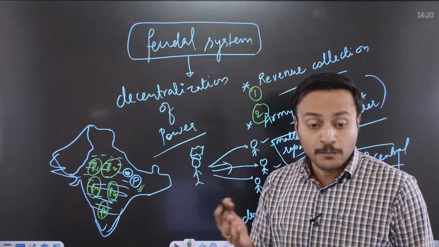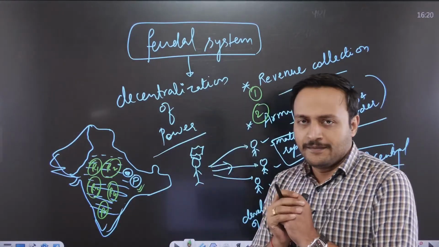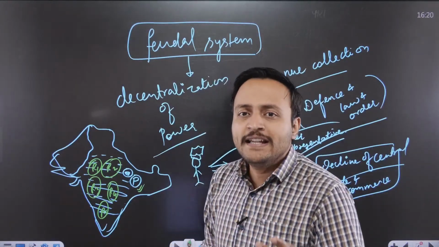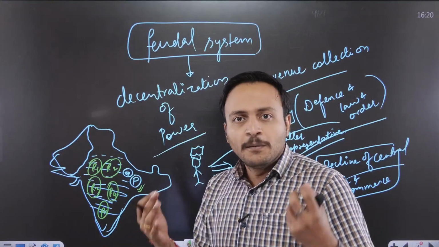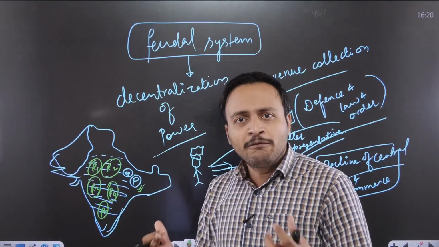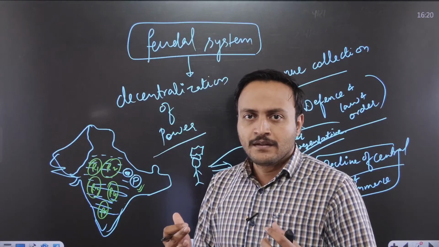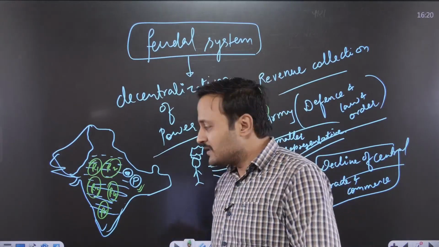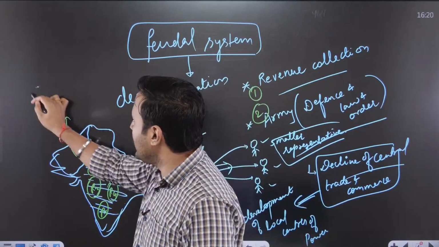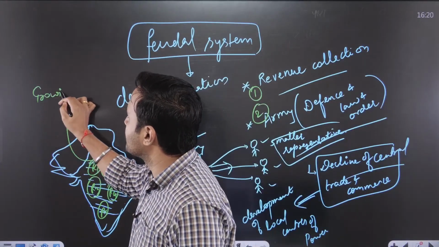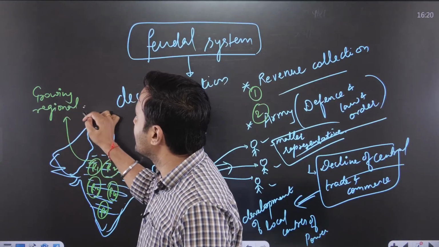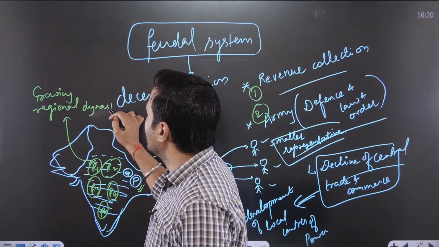the king P. However, after a certain period, as the local authorities became more prominent, more assertive, more powerful and resourceful, what will be the reaction after that? These growing regional powers, growing regional dynasties, what will they do?